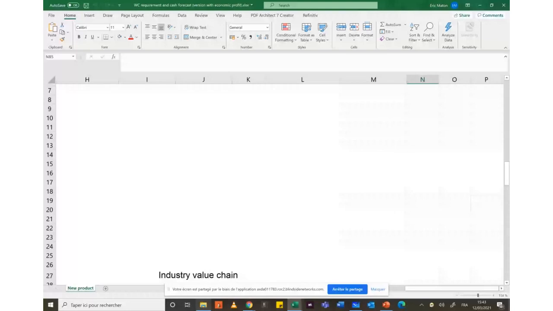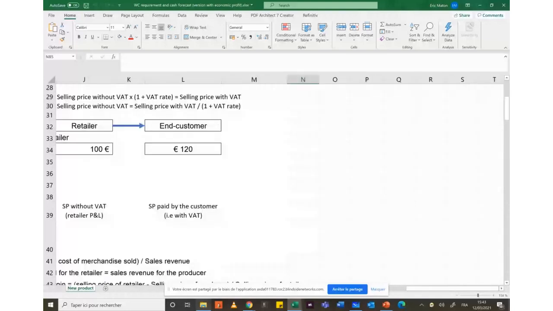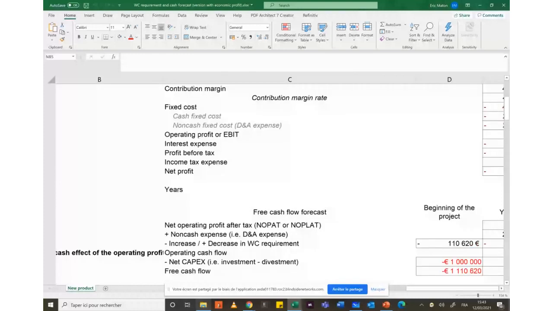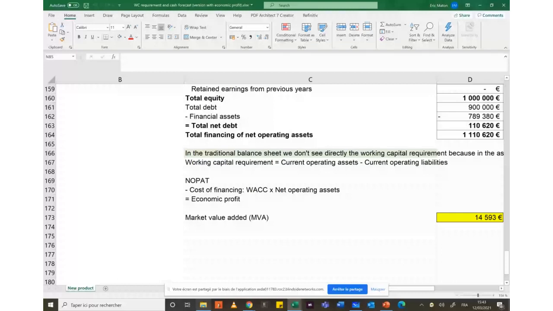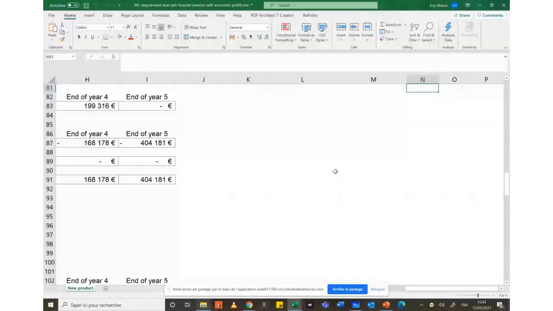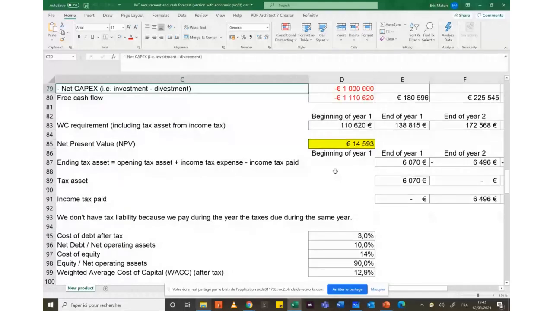So it's a kind of revision of what we saw about the NPV, about the statement of cash flows, and about the working capital requirement. So of course I will give you this one on Canvas. So now what you have to change if you want to create new models is just the beginning, okay?